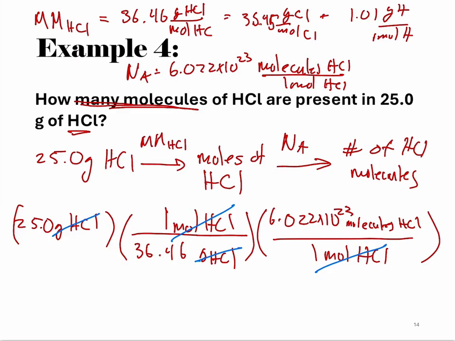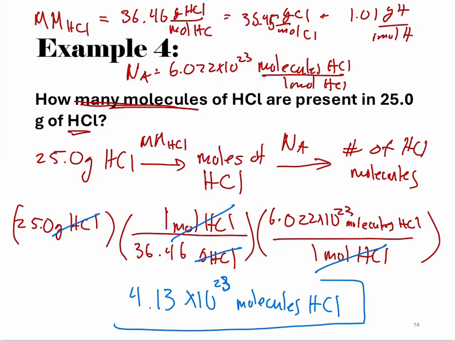I'll just multiply all the coefficients, which is 25 times 6.022 divided by 36.46. So that gives me 4.13 times 10 to the 23 molecules of hydrochloric acid. Did everyone get something similar?